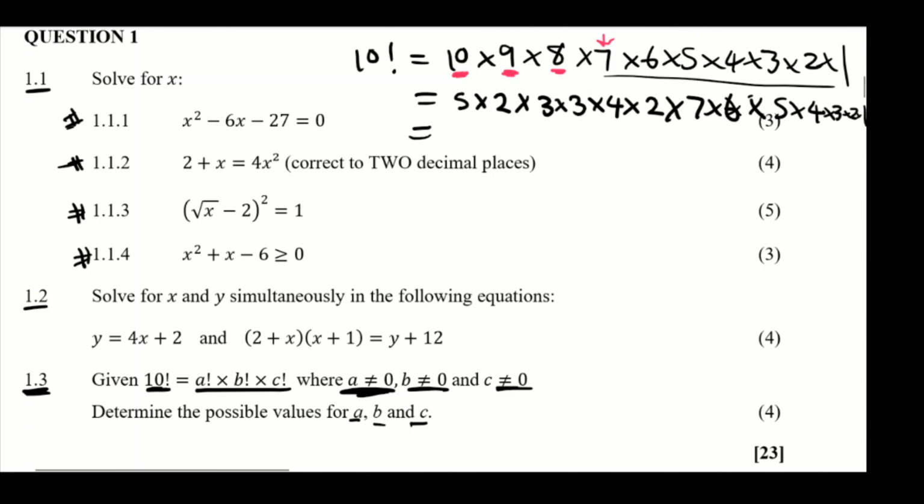So what I'm going to do, I'm going to group everything. This 7 times 6 times 5 times 4 times 3 times 2 times 1 is going to be 7 factorial, right? And then this 5 and 4 and 3 and 2 will be 5 factorial.